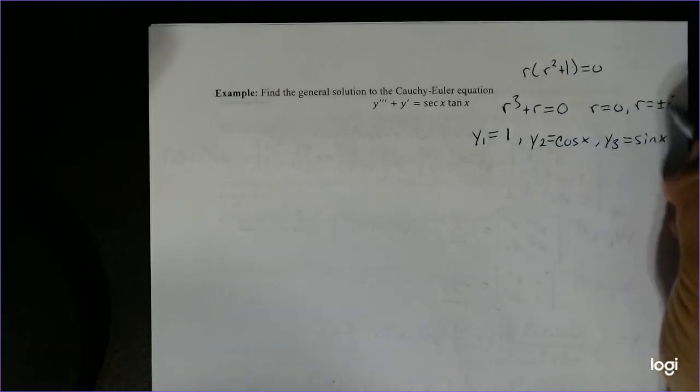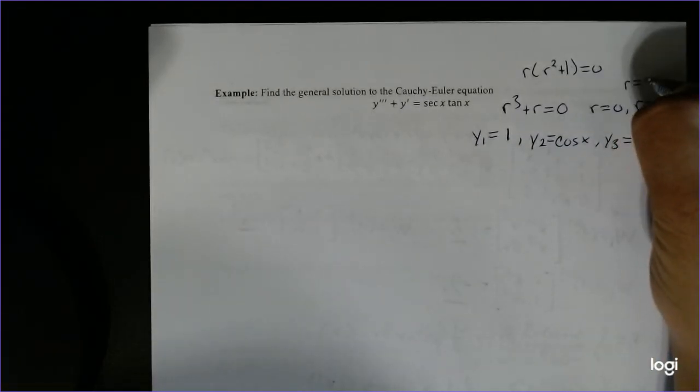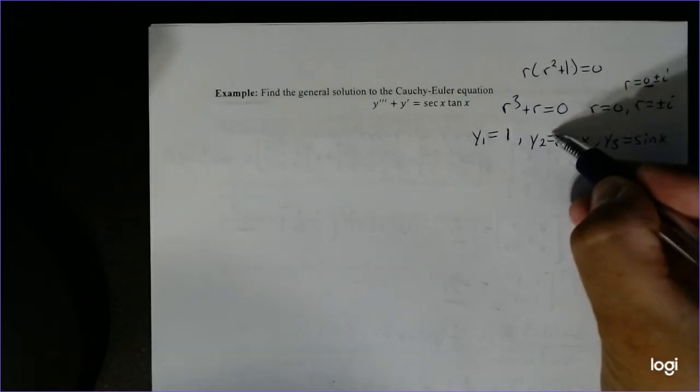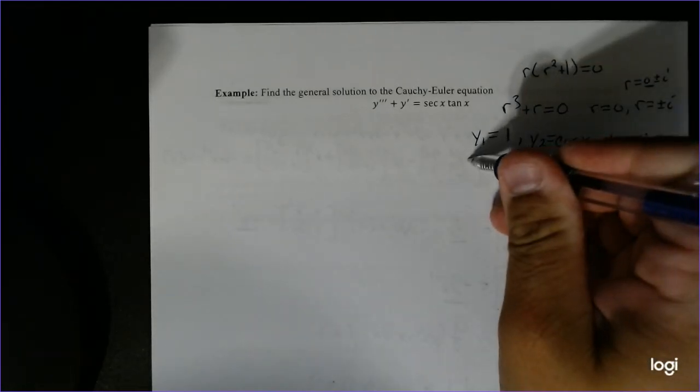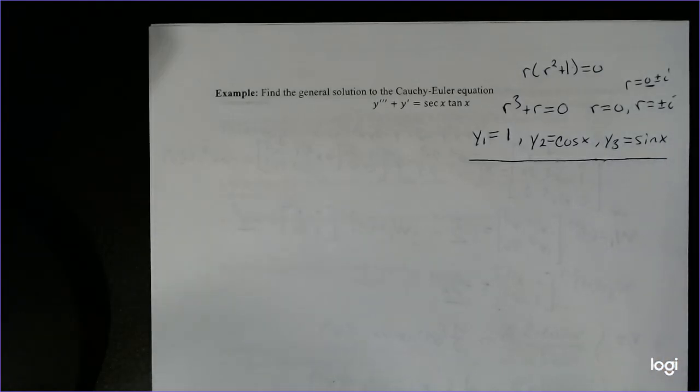Again, if you're wondering, technically this is r equals 0 plus or minus i. That's where the 0 comes in. So these are all e to the 0x times this, because this is our b. So there, you guys are just wondering where that is. So this is our fundamental set.